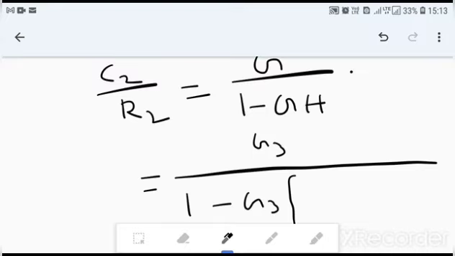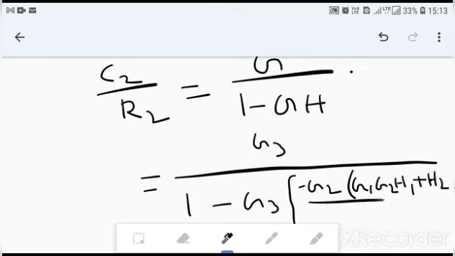So we get minus G2 into G1 G2 H1 plus H2 divided by 1 plus G2 H3 into G2.